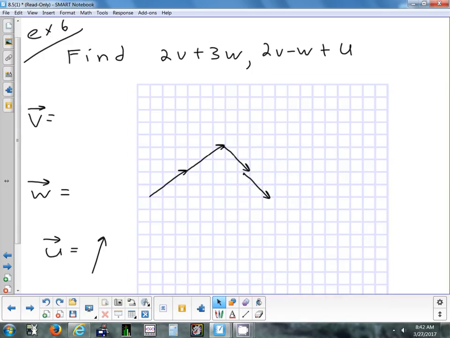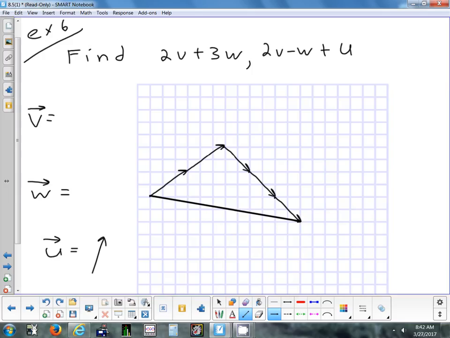This time, I think I made them so the terminal points always land on integer coordinates. That doesn't always have to happen, but if I'm going to ask you to sketch something, I'm probably going to have it start and end on nice numbers. And then the answer is like that.